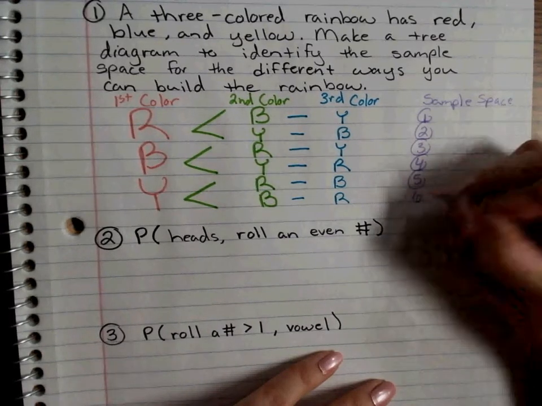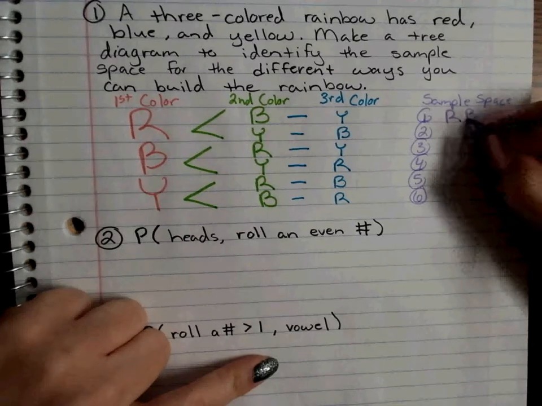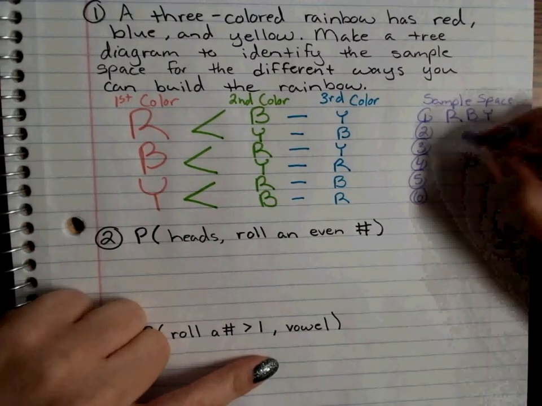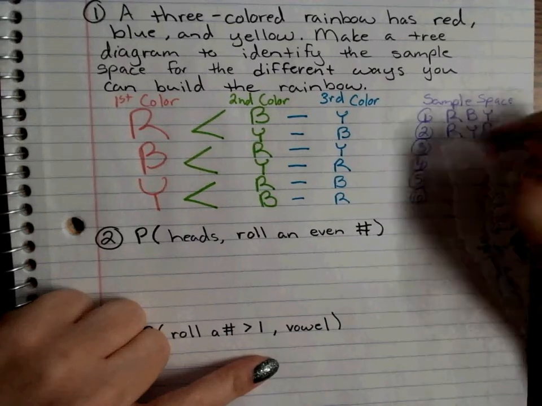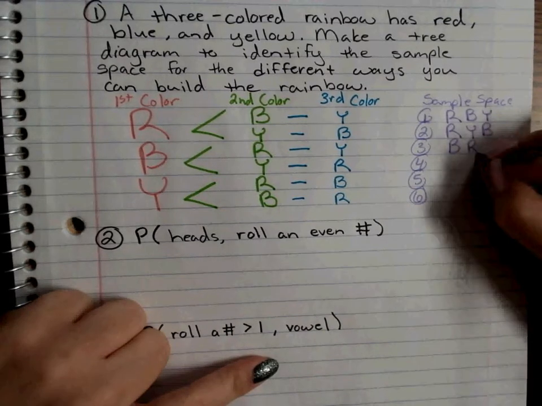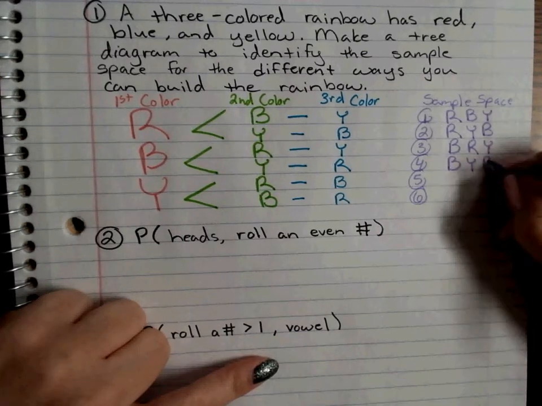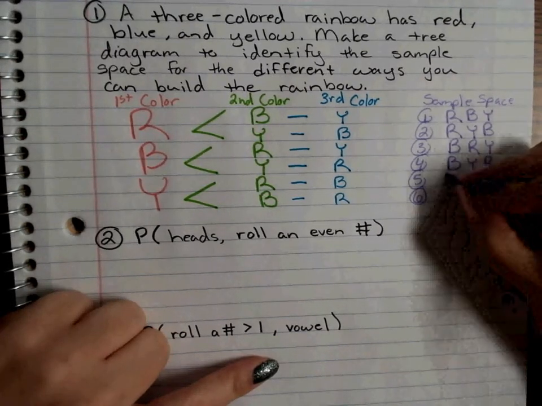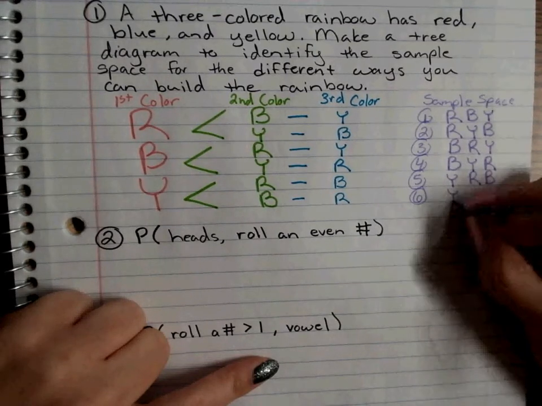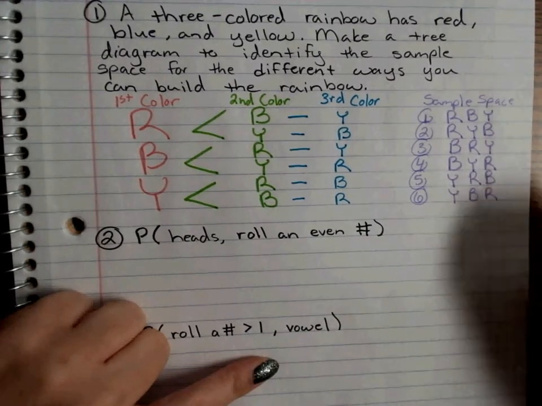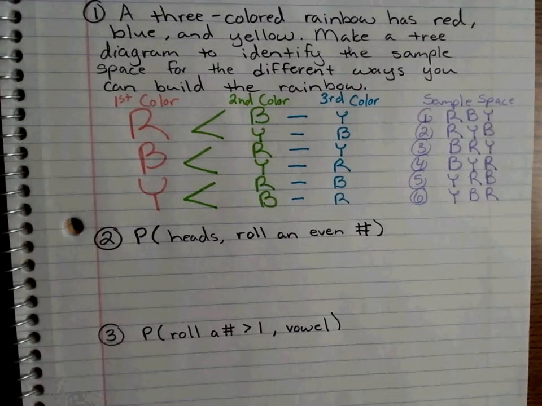So I could do the order of red, blue, yellow, red, yellow, blue, blue, red, yellow, blue, yellow, red, yellow, red, blue, yellow, blue, red. Those are the 6 different color options or orders that I could create with my tree diagram.